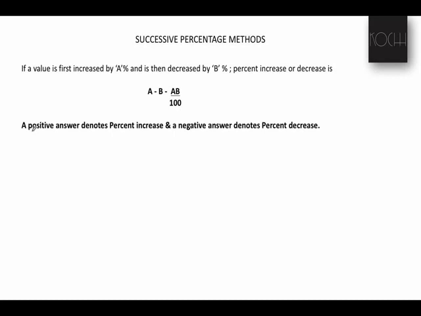So increase is 20%, decrease is 10%. According to the formula, A minus B minus AB upon 100. So 20 minus 10 is 10, minus 2 is plus 8. So plus denotes increase. If your answer is plus, this means there is a percent increase. If it's minus, then percent decrease.